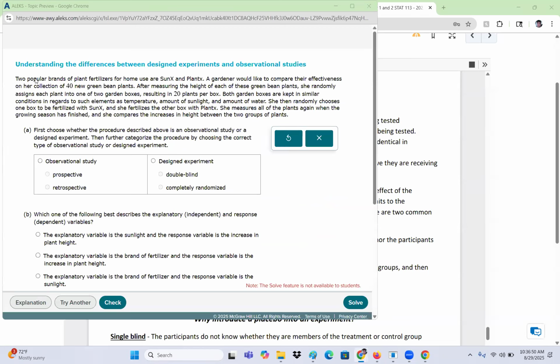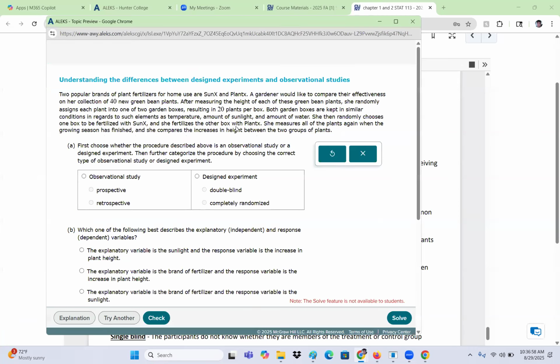So let's say we have two popular brands of plant fertilizers for home use, and so on. She then randomly chose this one box. She fertilized the other box with plant food X to measure the plants again.